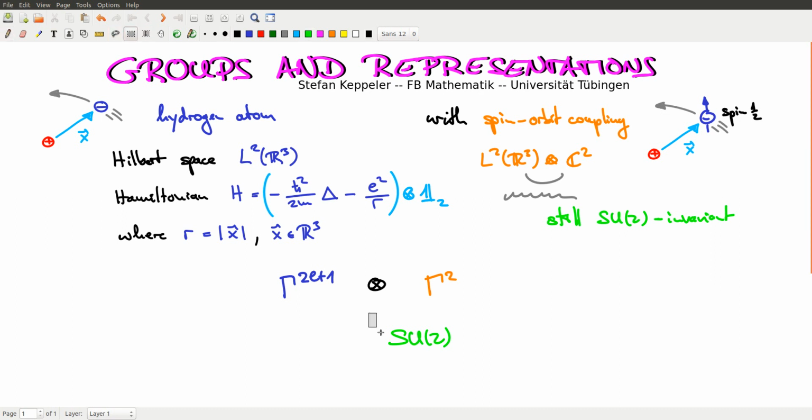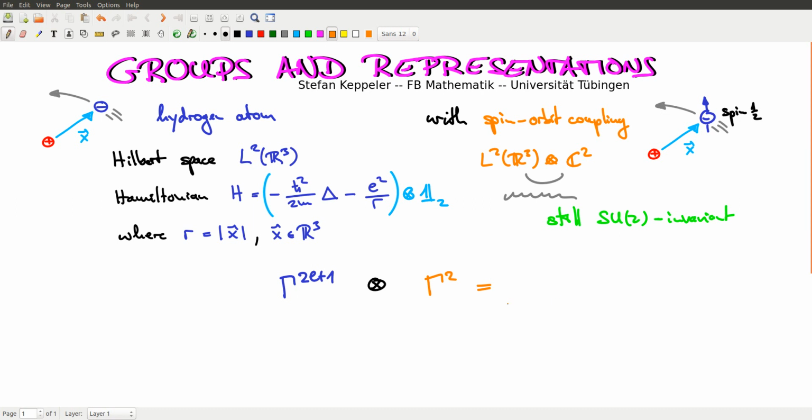Now we have to look at this product representation of SU2, and the expectation is that we can just write this as a direct sum of some SU2 irreps, and then the eigenspaces would correspond, for each irrep we would expect an eigenvalue.